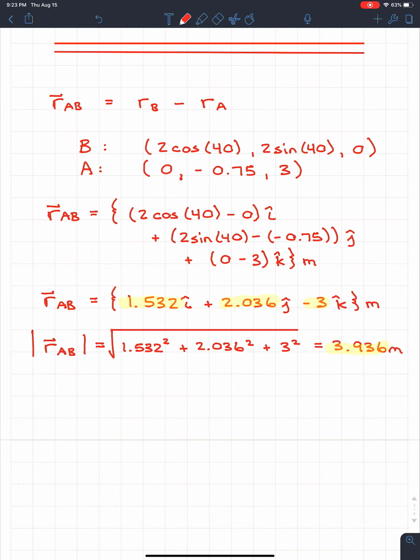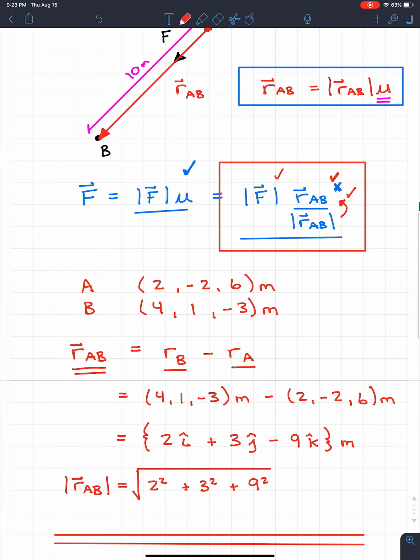So now we can sub it all in to this equation right here at the end and find our answer. But again, I like to recommend this method where we find the unit vector first, because if something were to happen and you guys get something wrong, we can try and give you part marks. Like, I know a lot of you probably by the end of your midterm are going to think that we're mean, but we're not that mean, trust me.